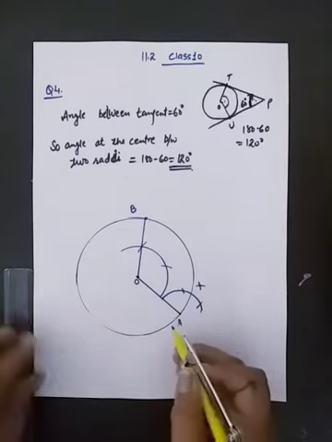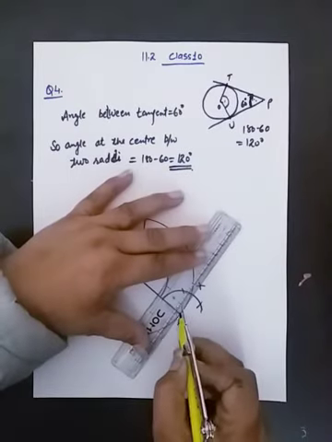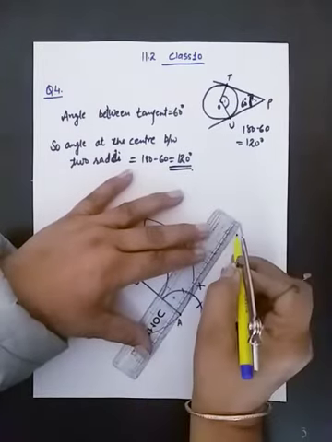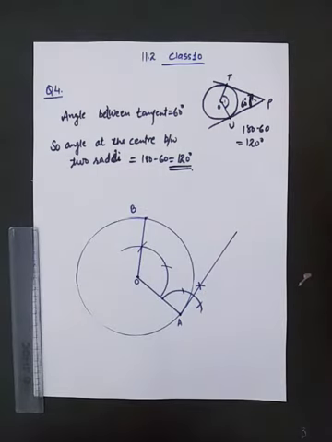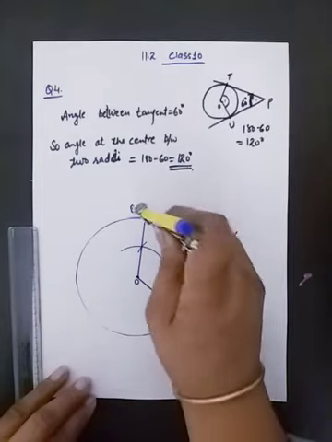So let us join it. Similarly, we will draw an angle of 90 degree at B also.